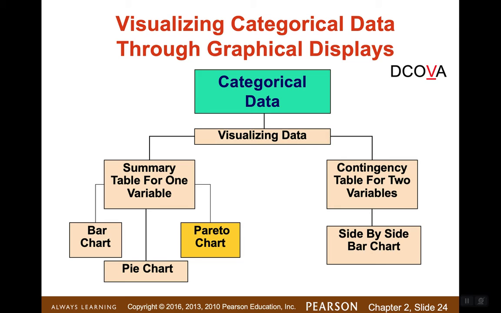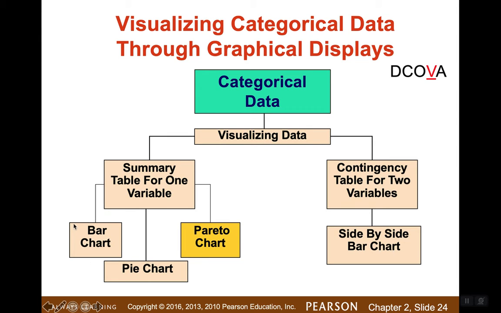So for categorical data, we had our 2 scenarios. One is our summary table for one variable, and then we have a contingency table for 2 variables. For the summary table, for a single variable, we can do a couple of different standardized charts.